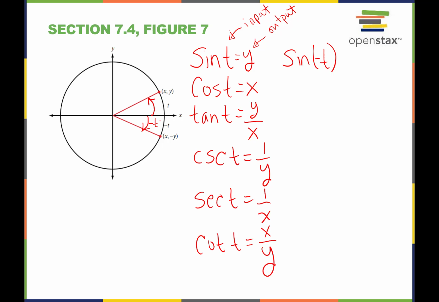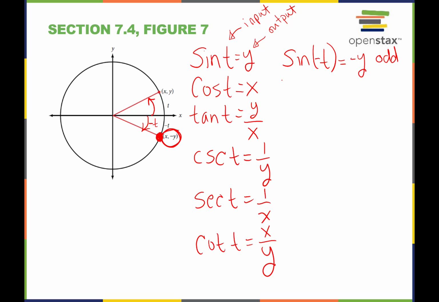So when I plug in -t for my angle, my y coordinate would be -y. Because I switched the input from t to -t, and my output switched from y to -y, that tells me sine is an odd function. If my input switches signs, then my output switches signs.